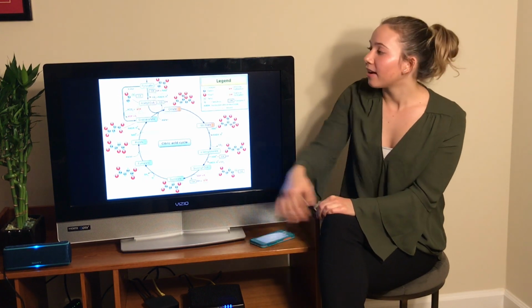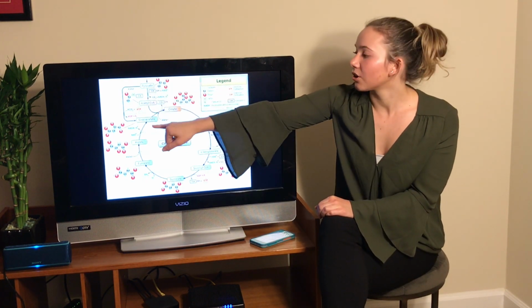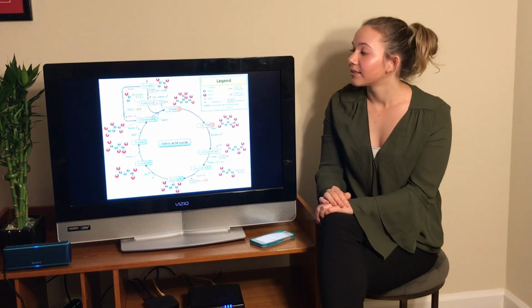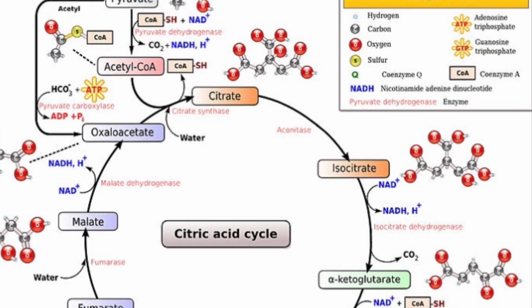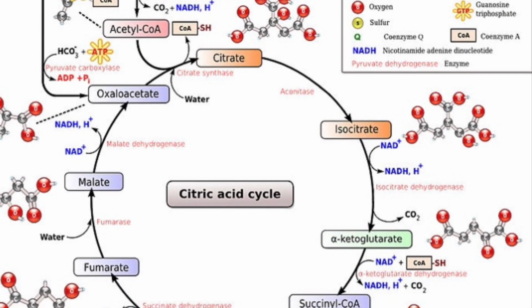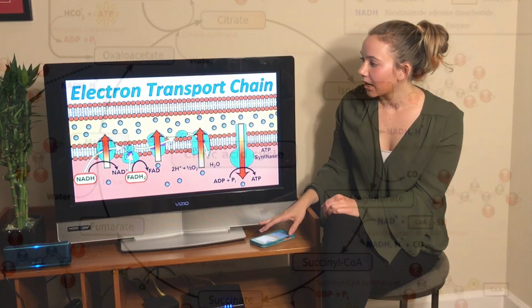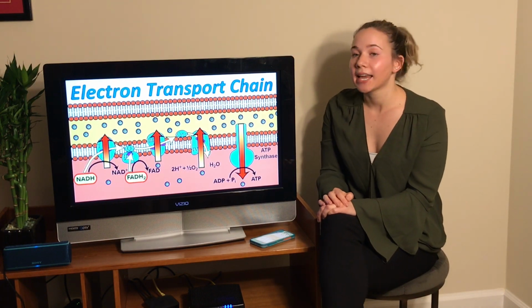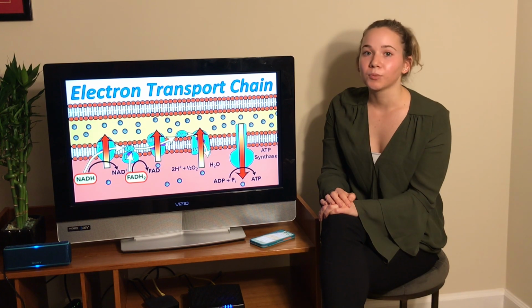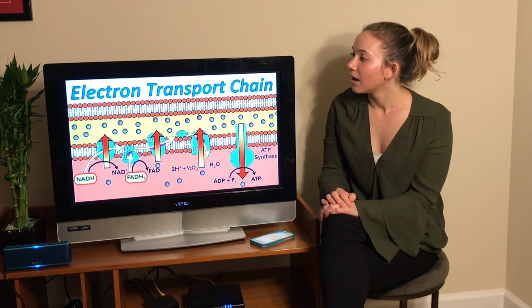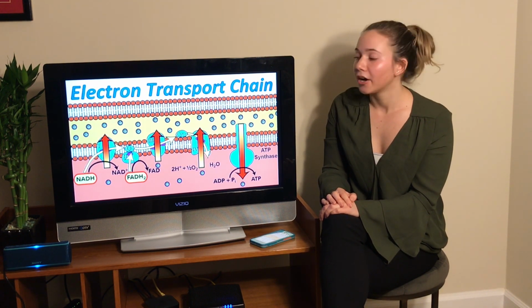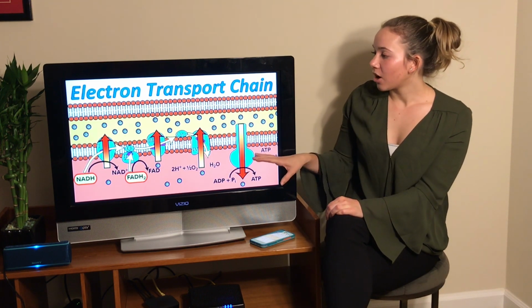Another key takeaway, you have pyruvate up here, which can also be used to make the oxaloacetate. And then after you go through your TCA cycle, you get about 8 electrons, which are carried away by coenzymes to the electron transport chain in the mitochondria. So this is our inner mitochondrial membrane.